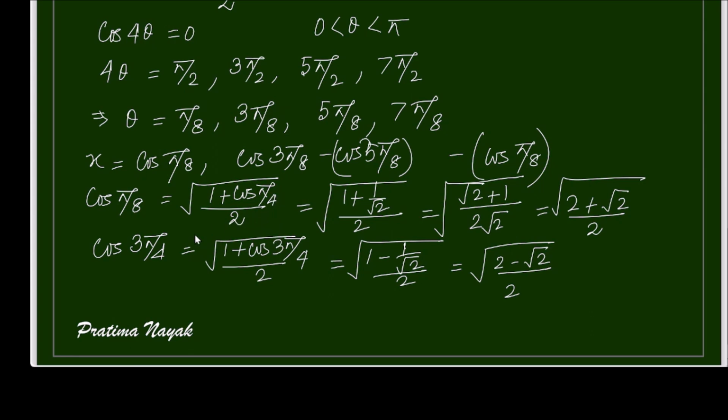So what is the final result? Final result will be plus minus square root of 2 plus root 2 by 2, then plus minus square root of 2 minus root 2 by 2, because cos pi by 8 is this and cos 7 pi by 8 will be negative of this.